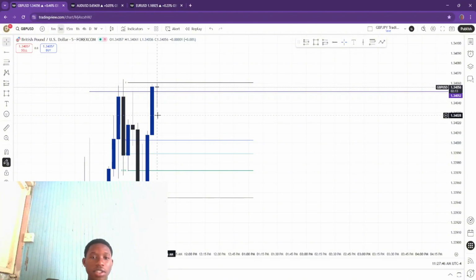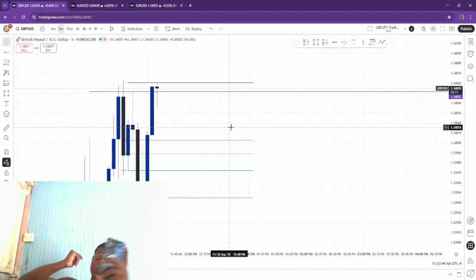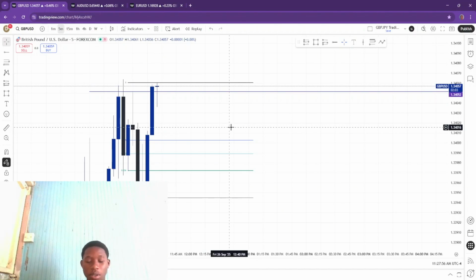That closed as a bearish candle, we Gucci. We could actually place our buy limits. I don't think it will close bearish though. Okay.